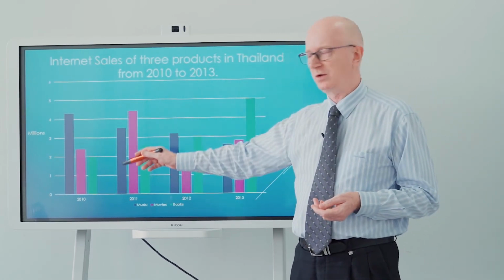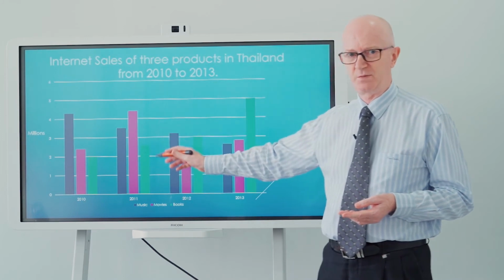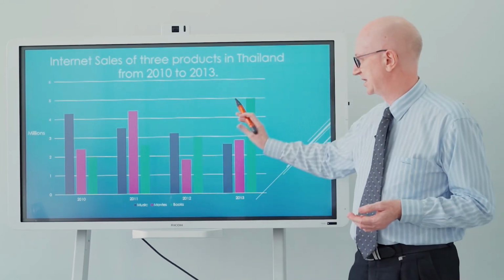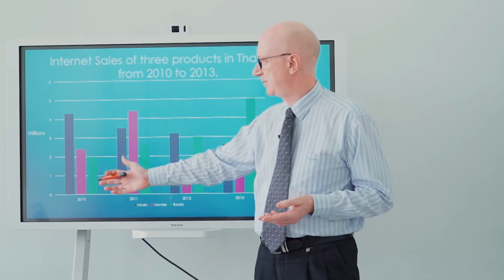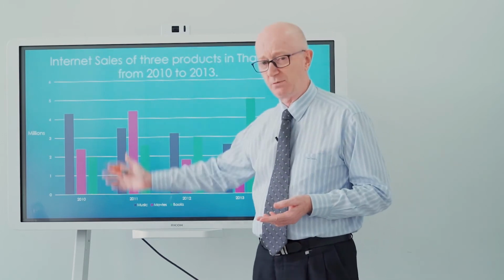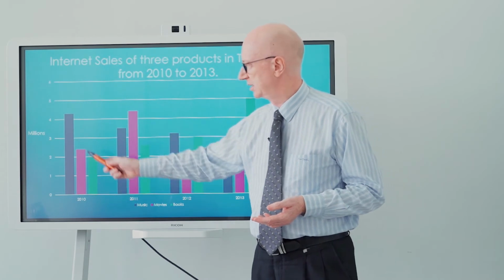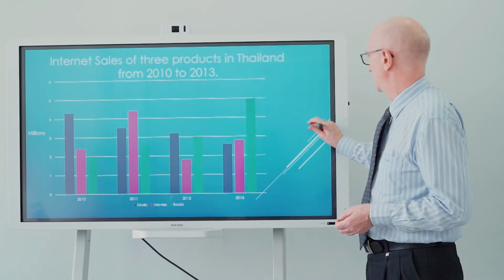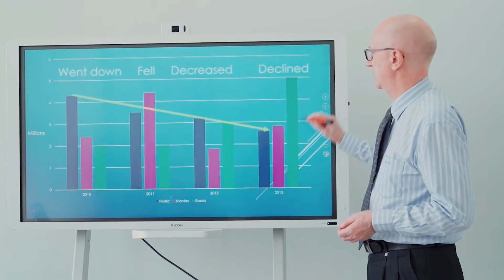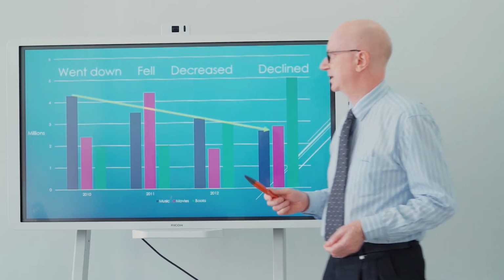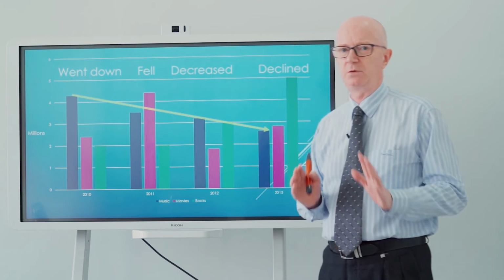Music is dark blue, movies pink, and books green. The vertical axis represents the amount of downloads, the amount of sales in millions. Let me move on to the next slide.